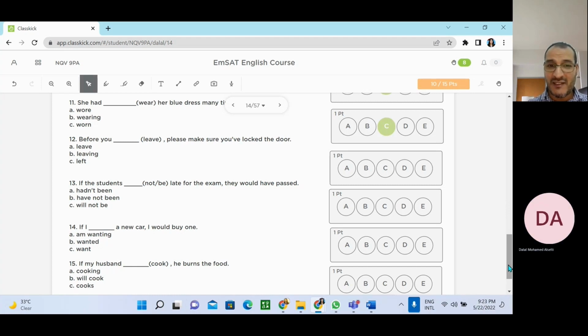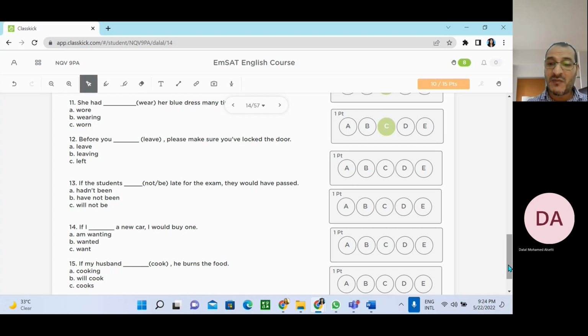Another thing you have to pay attention to is that please make sure is asking, giving an order, or making a request. Please make sure you've locked the door. It gives an instruction, and the instruction is always in the present simple. Make sure you do it, or you call for an action. So please don't forget to do it.